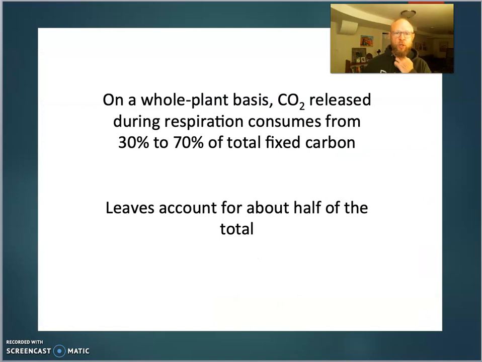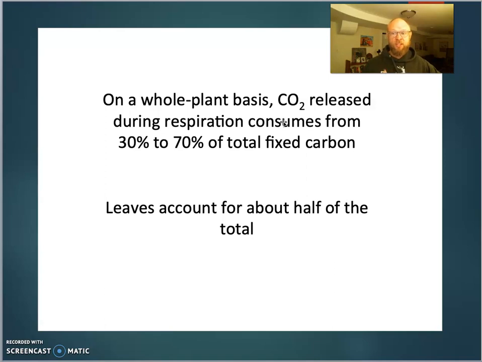And that's a really important part of the carbon budget for plants. And the reading I'll give you later in the week, we'll talk a little bit about that. But just as some initial insight, somewhere between 30 and 70% of all the carbon fixed during photosynthesis is then released during respiration.